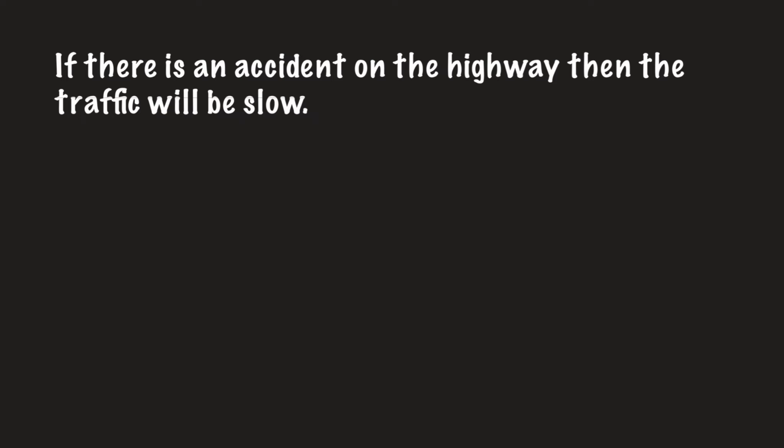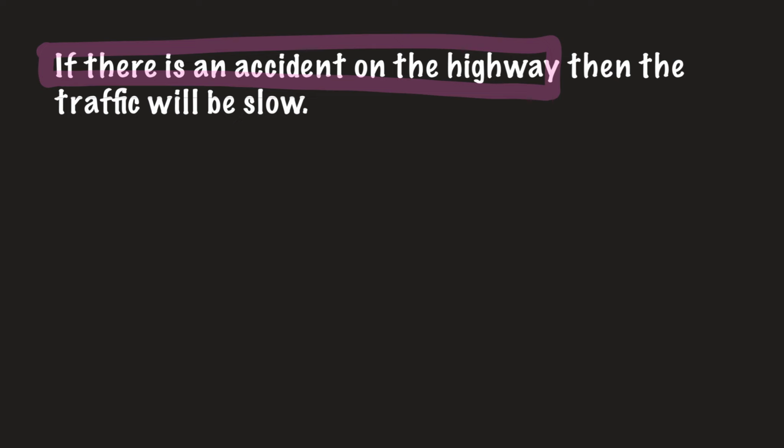And then after the then statement will be our conclusion. So our P in this case is going to be, there is an accident on the highway. And our conclusion, our Q, is going to be the traffic will be slow.